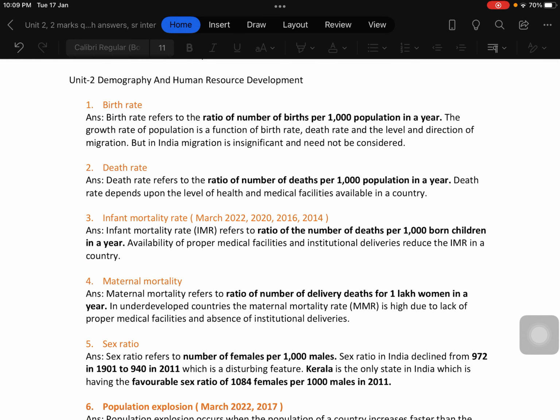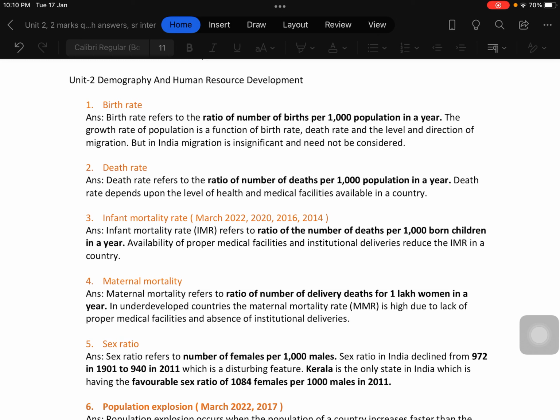Maternal mortality refers to the ratio of number of delivery deaths for 1 lakh women in a year. That is, out of the 1 lakh women giving delivery to a child, how many women are dying at the time of delivery.